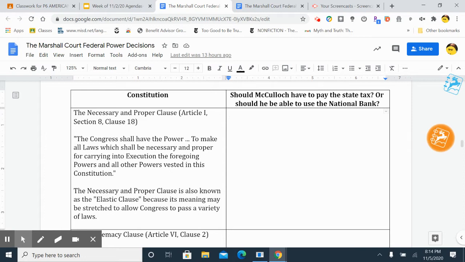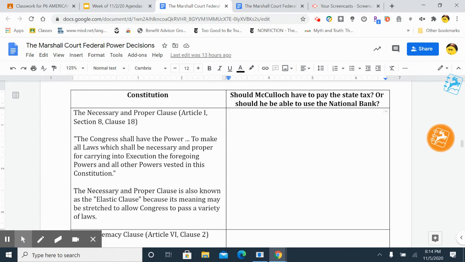Congress has power to make all laws which are necessary and proper for carrying into execution the foregoing powers. So it's also known as the elastic clause. Again, remember that Congress has the power to coin money and lay taxes.